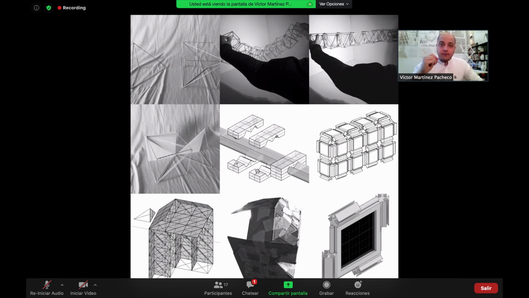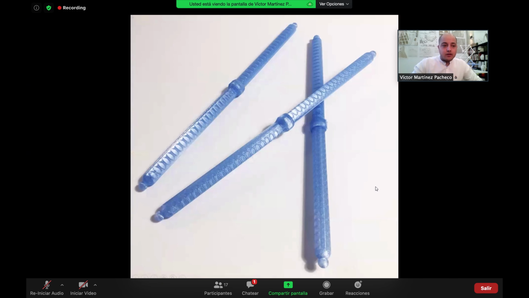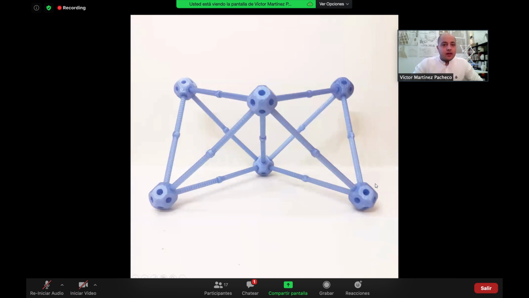And this is how the prototyping of versions began. 27 geometric versions were made until reaching one that has several stages of assembly, revision, inversion, node generation, optimization, tolerances, joints. Finally, we got a system that worked, but geometrically only.